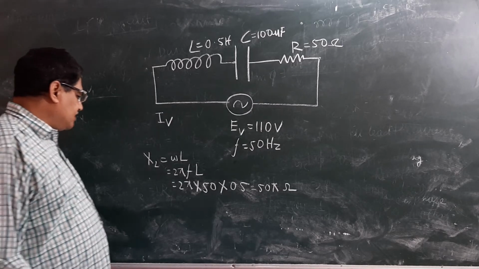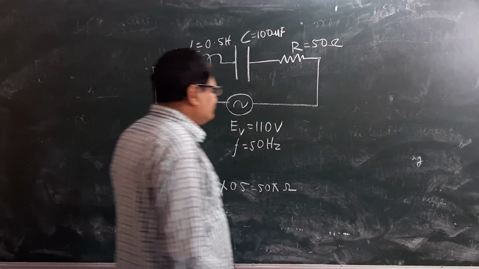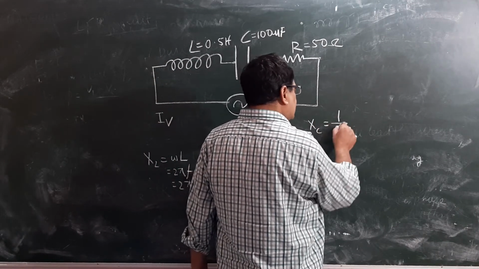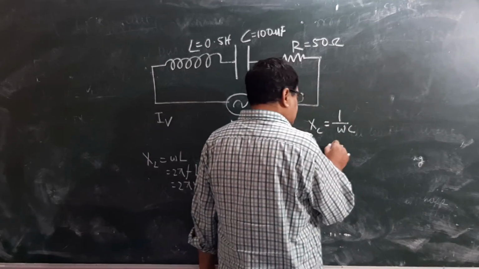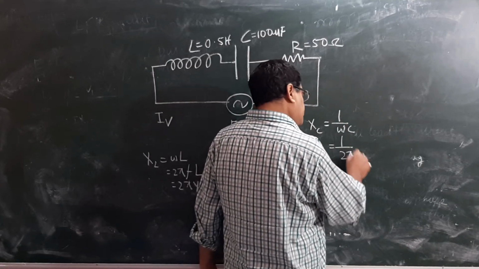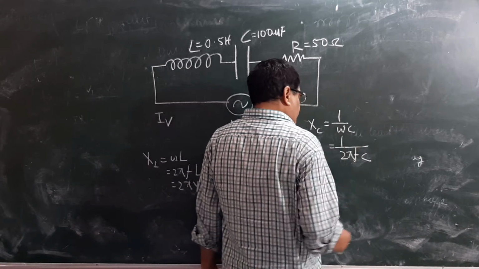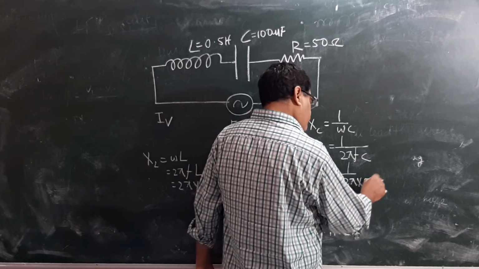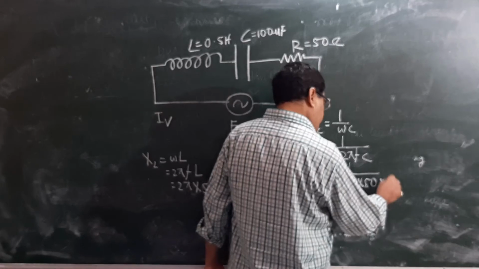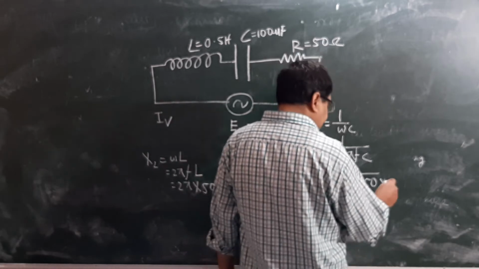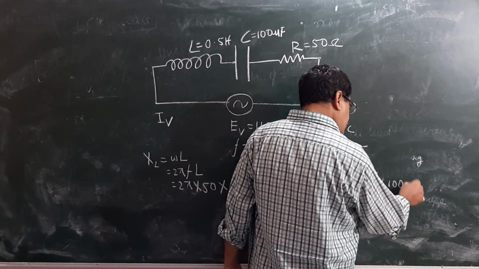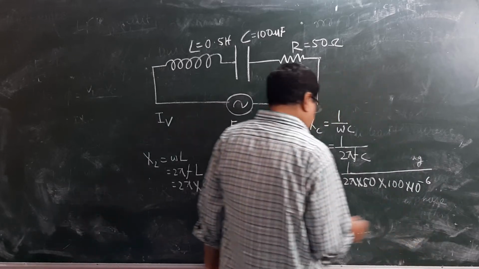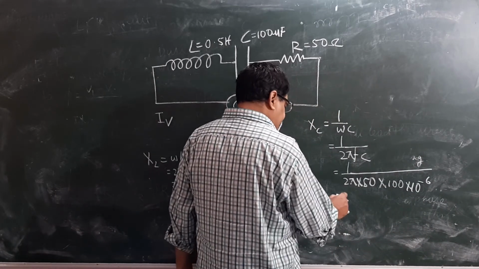Likewise, we will also find the value of XC. XC has the formula 1 by omega C. So this can be written as 1 by 2 pi f C. Now substituting the values, we will get 2 pi into 50, and C is 100 microfarad, so 100 into 10 to the power minus 6. So from here we can calculate the value of XC.